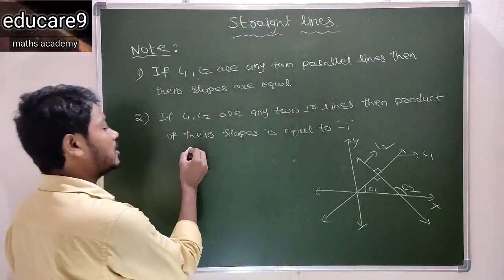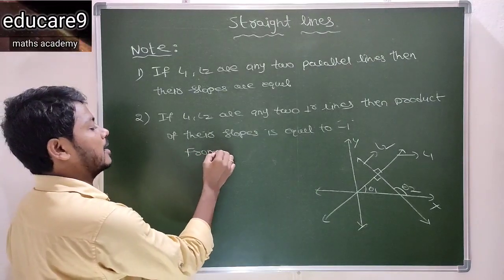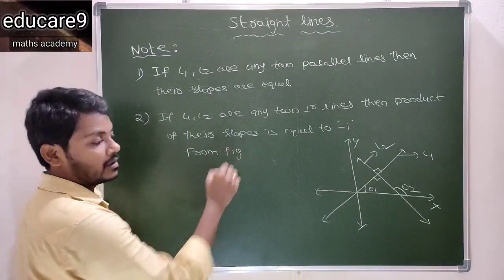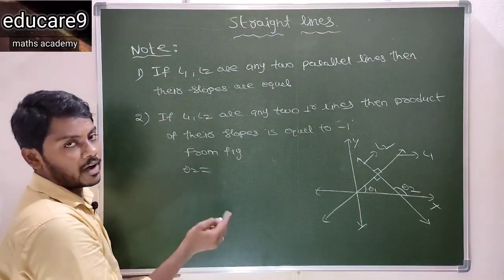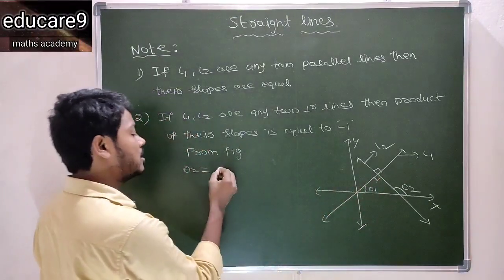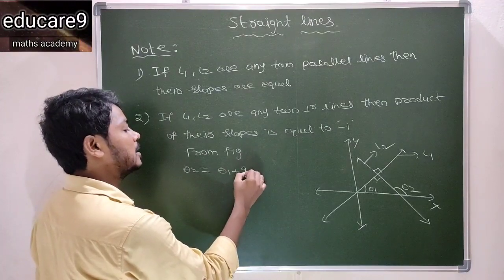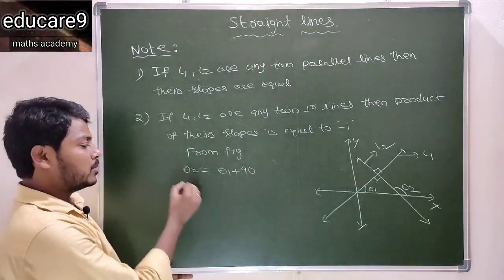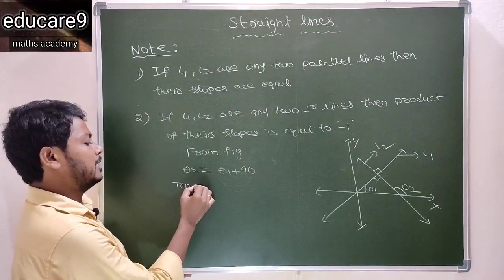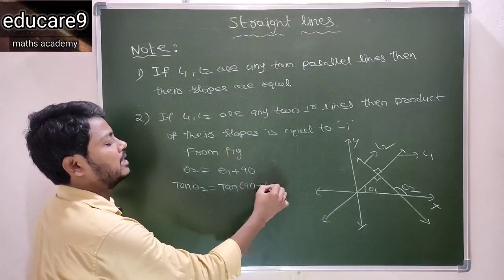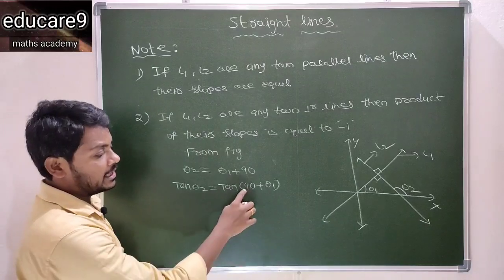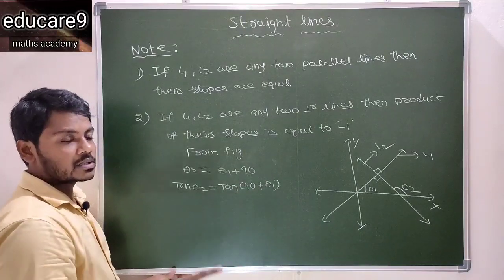So you know that from the figure, theta 2, exterior angle, is equal to the sum of the opposite angles, that is theta 1 plus 90. Now apply tan on both sides. Tan theta 2 is equal to tan of 90 plus theta 1. So 90 plus theta 1 lies in the second quadrant.